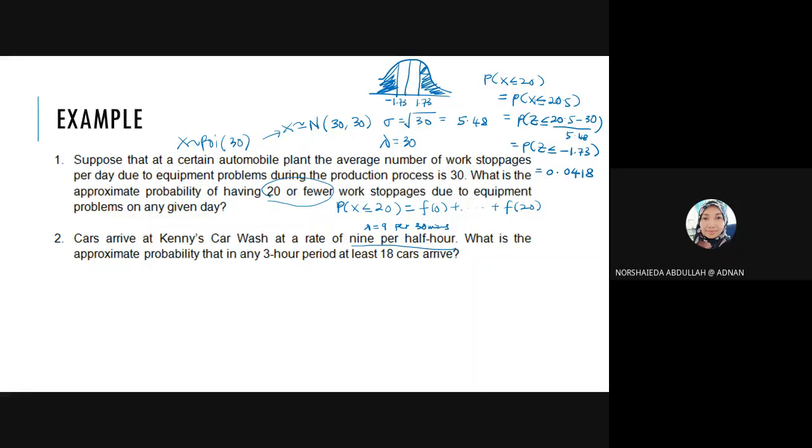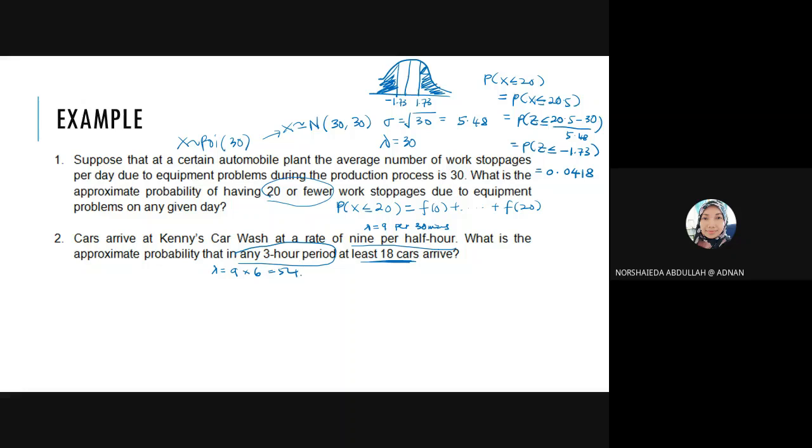What is the probability that in any 3 hour period, at least 18 cars arrive? So the lambda given here is for 30 minutes, half hour. So we want to calculate probability at least 18 for a 3 hour period. So we need to adjust the value of the lambda. So for 3 hours period, lambda is equal to 9 times 6, 54.